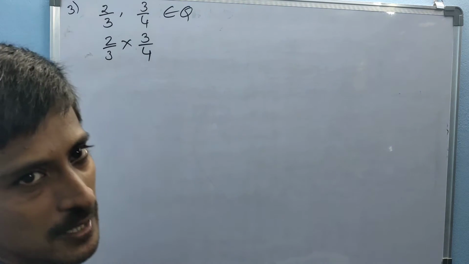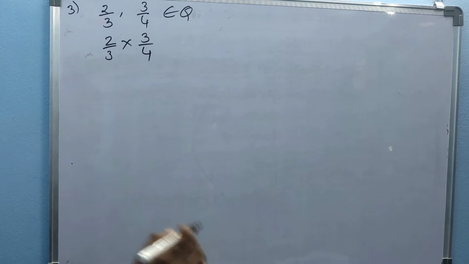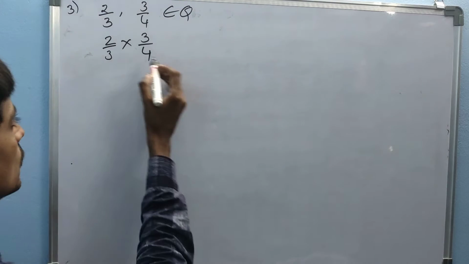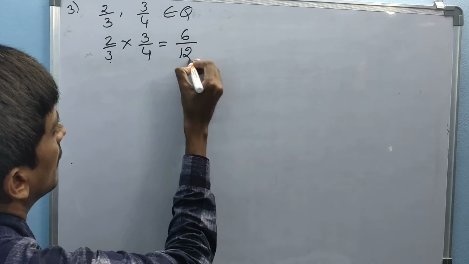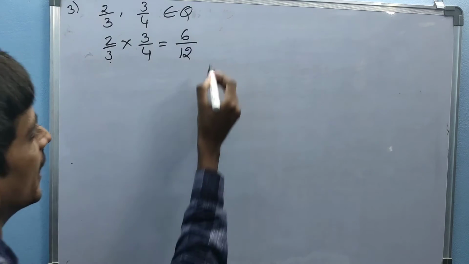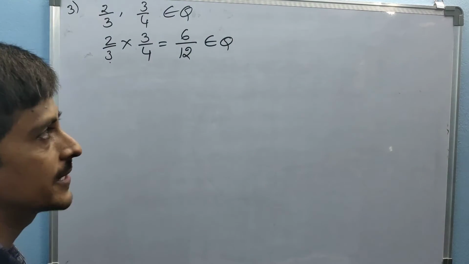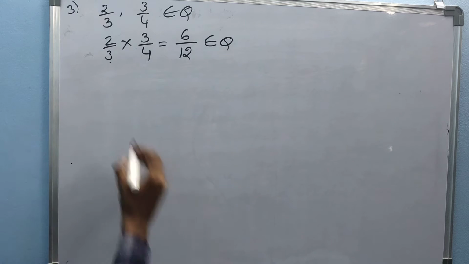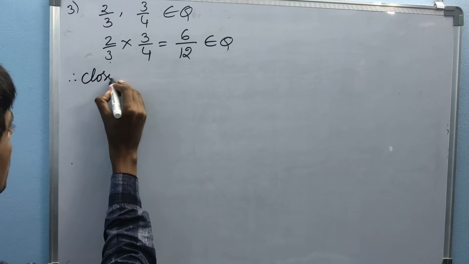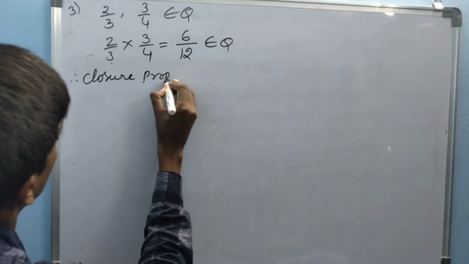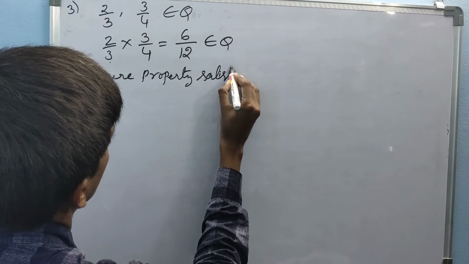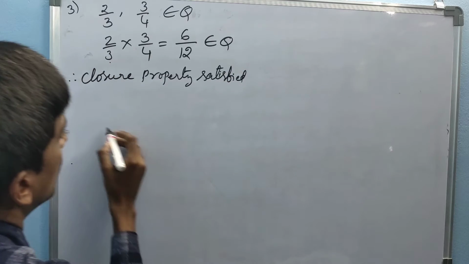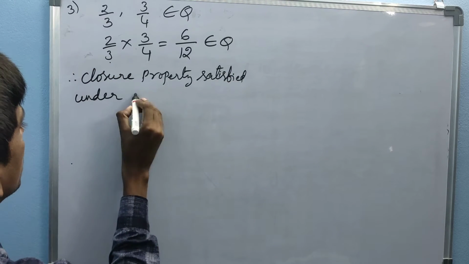When two fractions are multiplied, the numerator is multiplied with the numerator and the denominator with the denominator. So, 2 3s are 6, 3 4s are 12. So 6 by 12 is a fraction form, so it is a rational number. Therefore, the closure property is satisfied under multiplication.